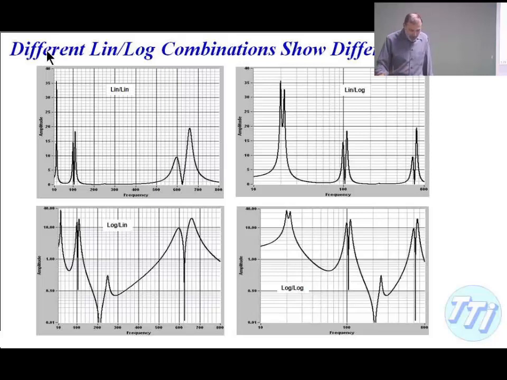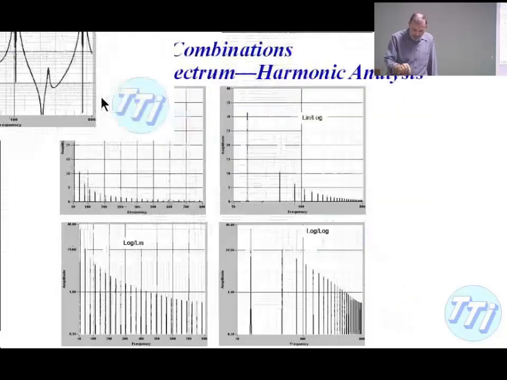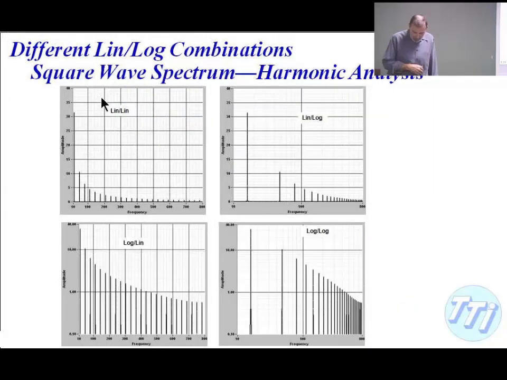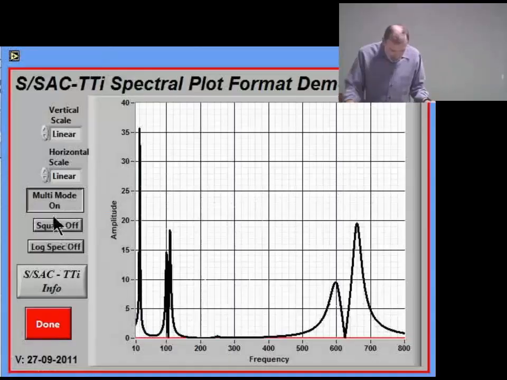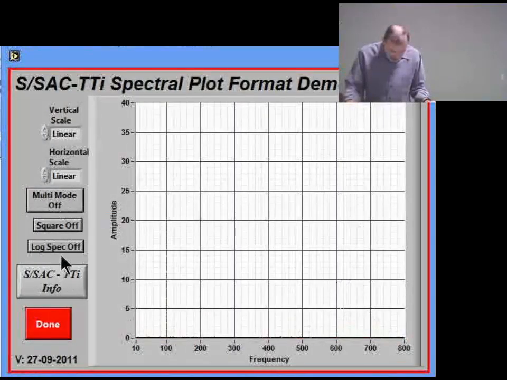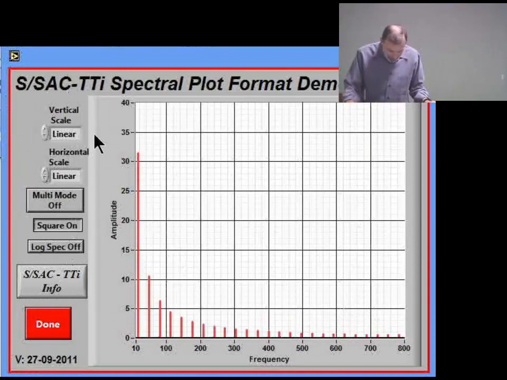Okay, so anyway, the whole point of having different lin-log combinations is to show off or squash whatever features you want to talk about. And the other one is harmonic, and that's the square wave. If I've got a square wave, you want to do that in perhaps two different ways.